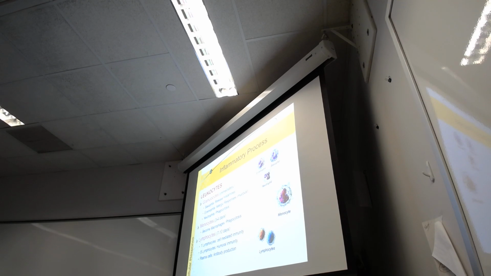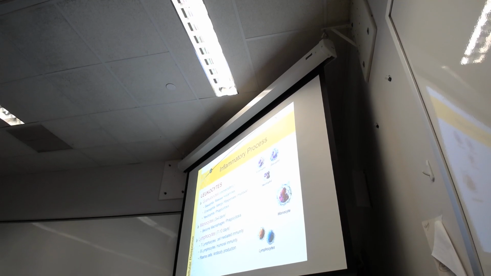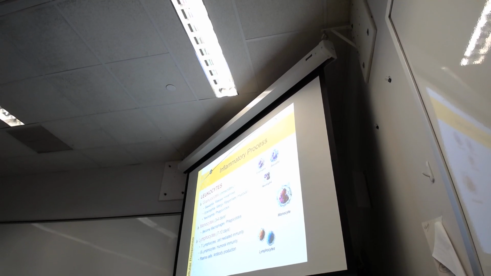Monocytes, 3 to 4 days. Why do you typically see people that have an infection have higher blood glucose levels? Because you're trying to get that glucose in the system for all this to happen? Initially, yeah, that's going to happen because your liver is going to dump what it can into the system and make available things that you have to an extent.